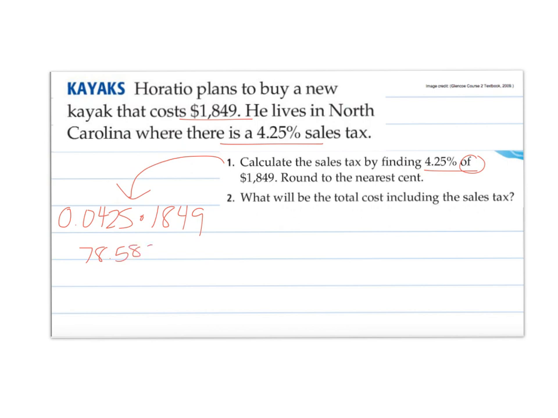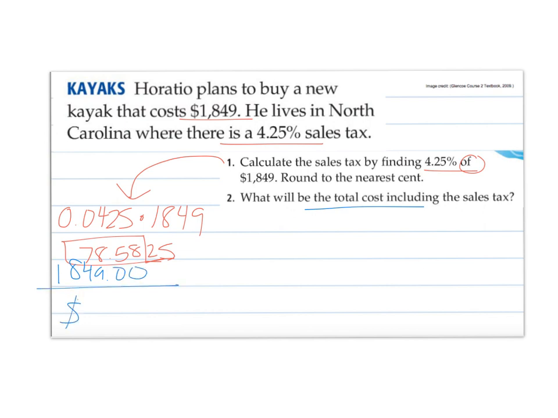Hopefully we know that when we're dealing with money, we would round to the hundredth place, to the nearest cent. Since this digit is 4 or less, let it rest. And that's my tax. I'm going to find the total cost by adding that sales tax to the amount of the kayak.